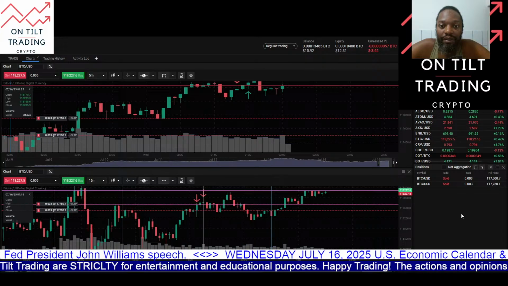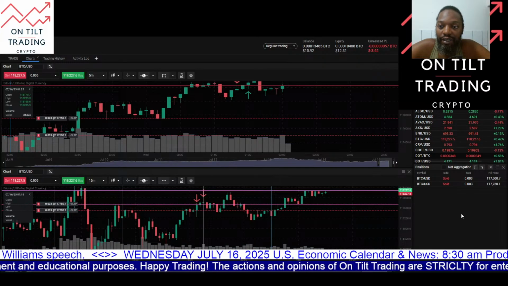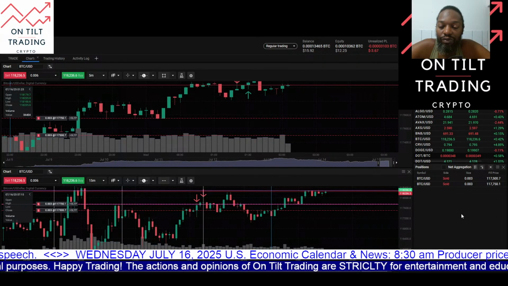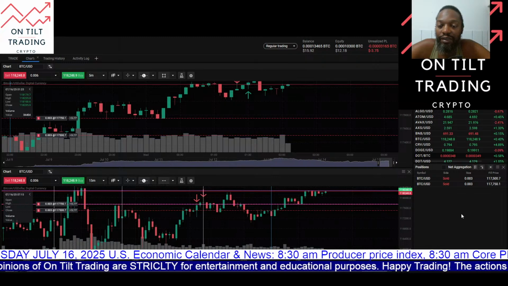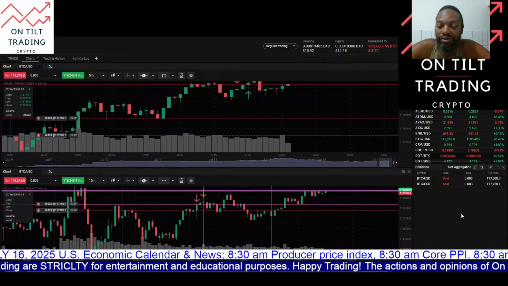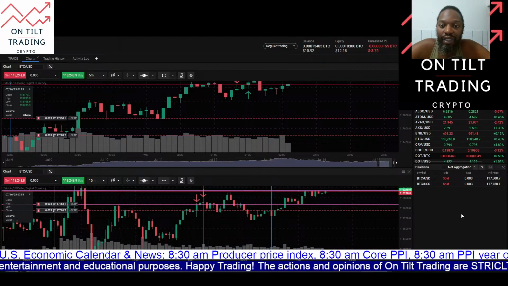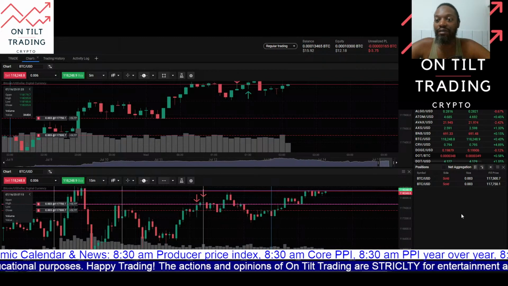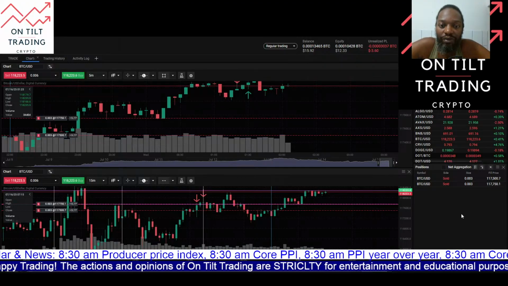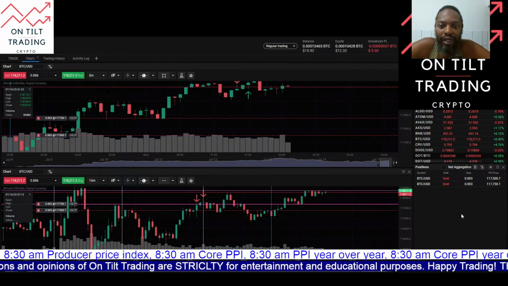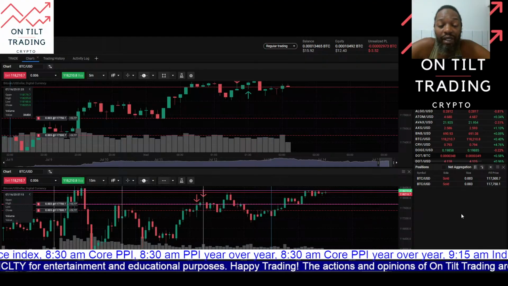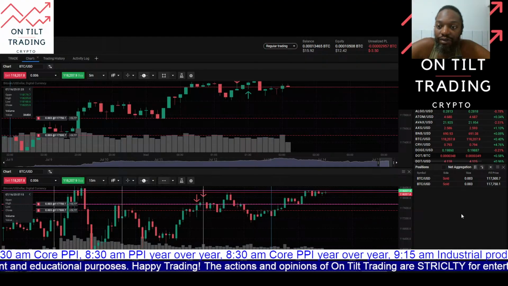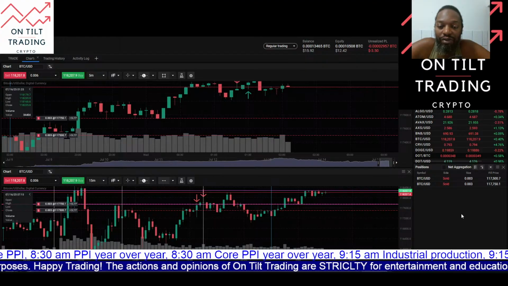So even though I prefer this silver bullet trading window, based on the 2022 ICT model you can basically trade the first 3 hours of the London session, the first hour and a half of pre-market, and pretty much the morning session in New York.